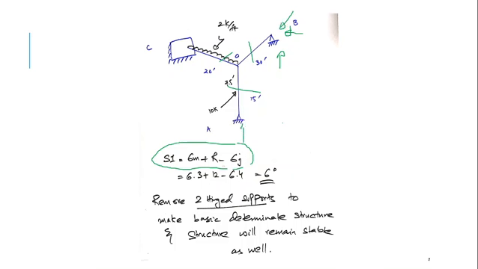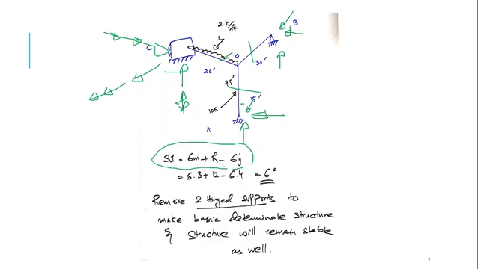Similarly, here we have y, we have z, and we have x. At fixed support, in addition to these 3 reactions, we have got 3 moments as well. So this moment is in x direction, this moment is in z direction, and this moment is in y direction. So we have 12 reactions.